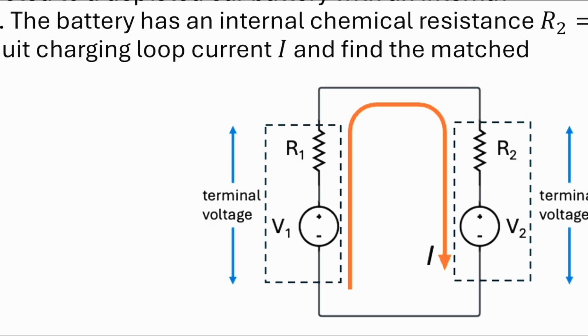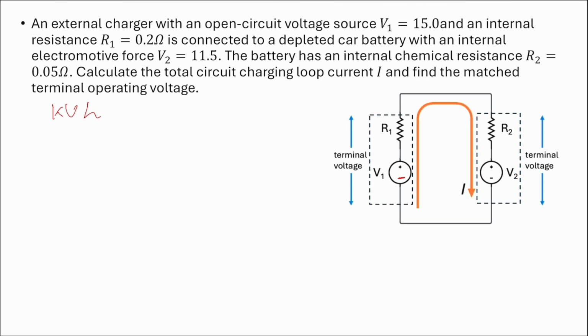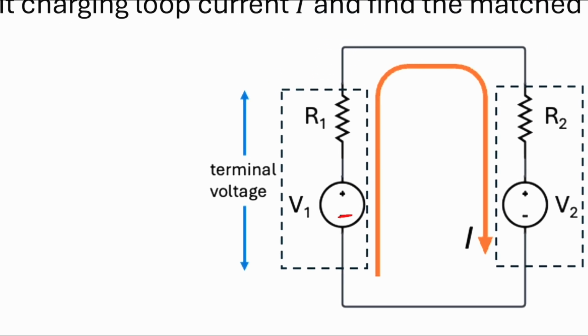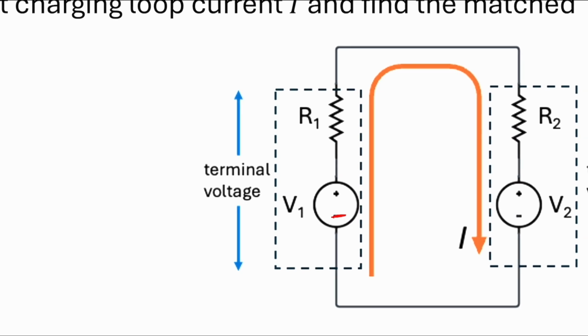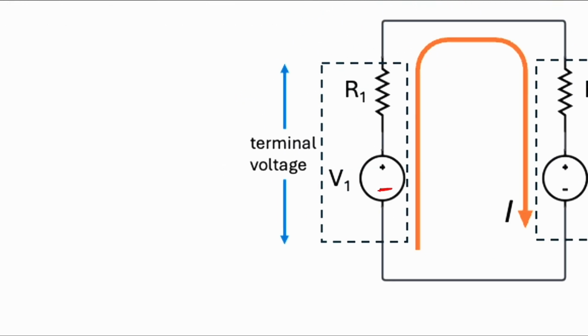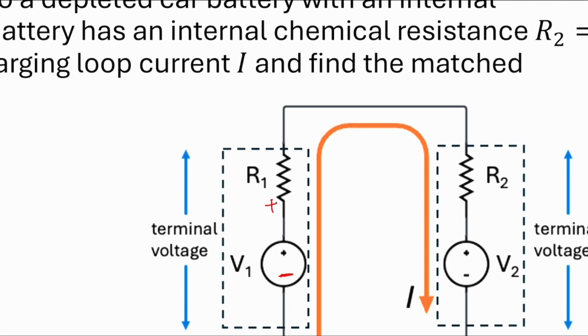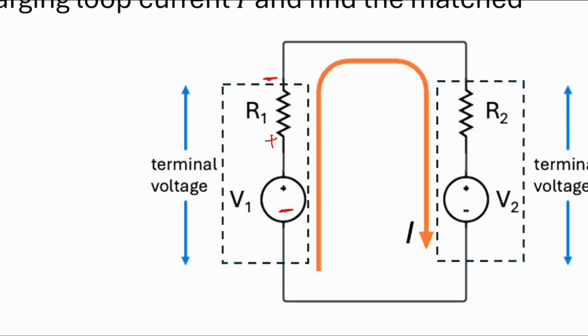We are going to analyze this circuit. First, we enter the V1 from the negative side. So the first term we should put is negative 15. And then we ask R1. Now, if you look at the two sides of the R1, here must be positive because the potential here must be higher than the potential here.